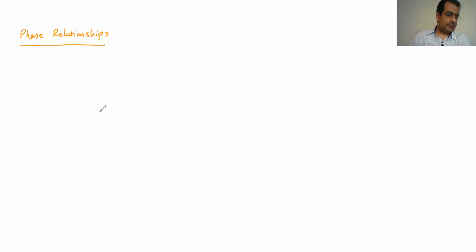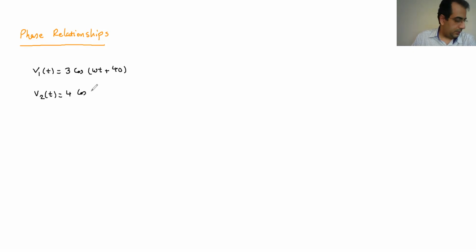The last thing I want to talk about with the phasor is the phase relationship. So assume I have two voltages, V1 is equal to 3 cosine omega t plus 40 and V2 is 4 cosine omega t minus 20.